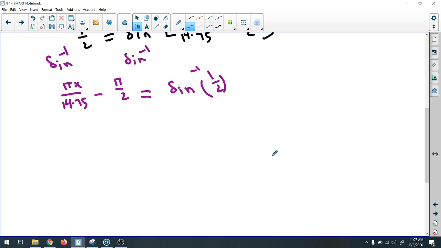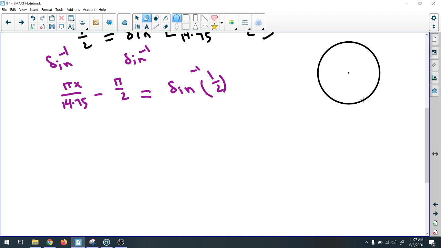So what is the angle that its sine is a half? We know that it's 30 degrees. Sine is positive in the first quarter and in the second quarter.